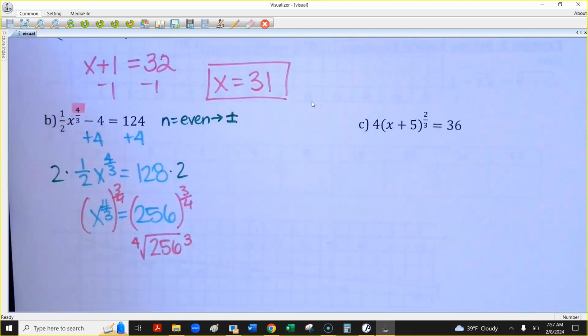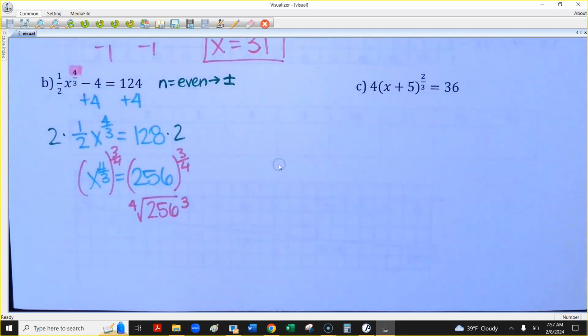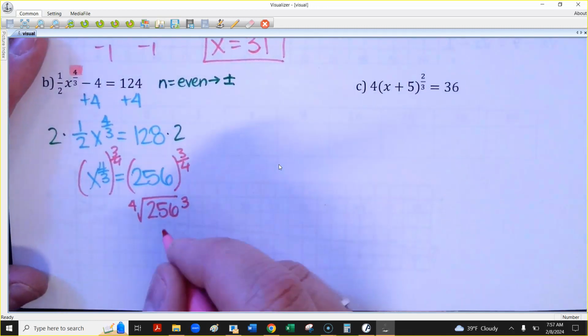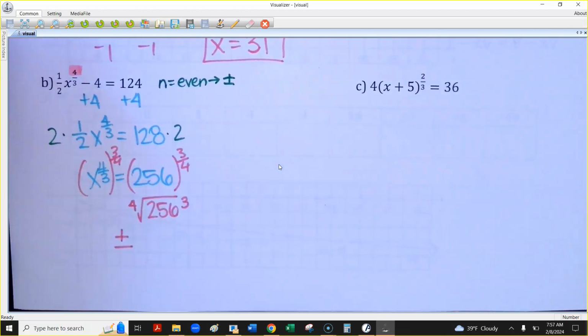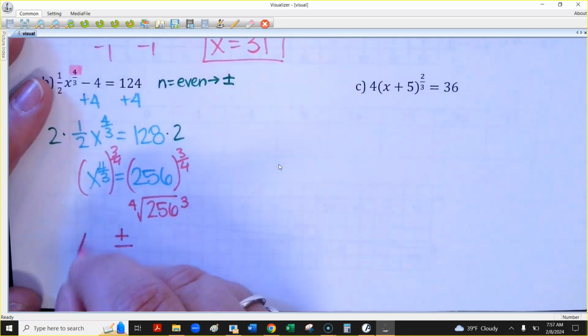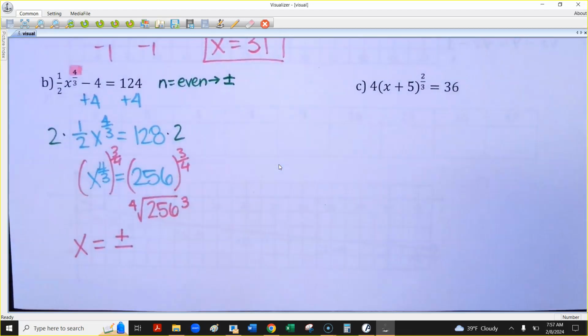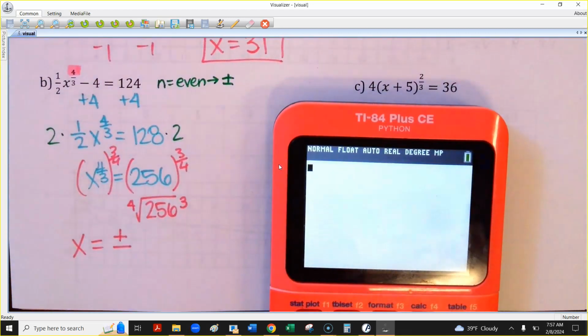If you want to practice and try to do it by hand, you can. Use that little yellow card, or feel free to use your calculator. If you do this, though, because this is a 4th root, there are 2 answers here. So I'm just going to put a plus and minus in front of this. And again, if you're going to do this on your calculator, I would use the exponent. Just do 256 to the 3/4.